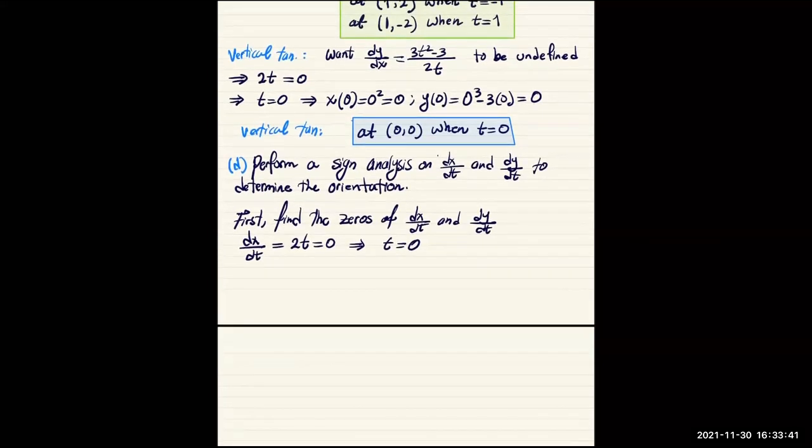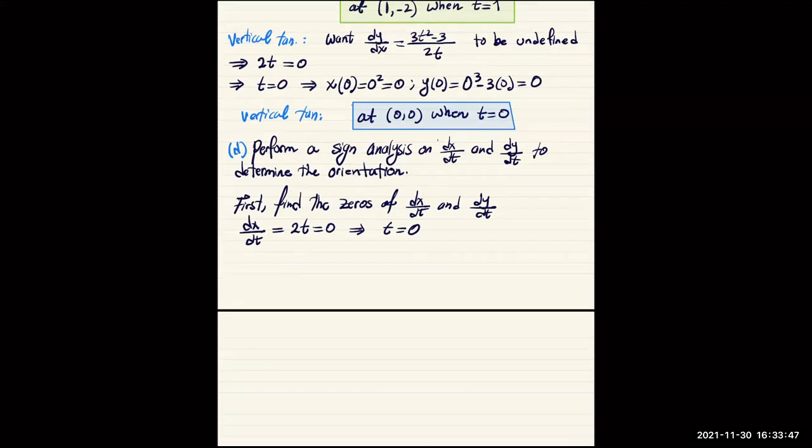So the horizontal movement might change when t is 0, and then dy/dt. Again, this was 3t squared minus 3, set that equal to 0. We've already solved this when we found when dy/dx is 0, that's when dy/dt was 0.